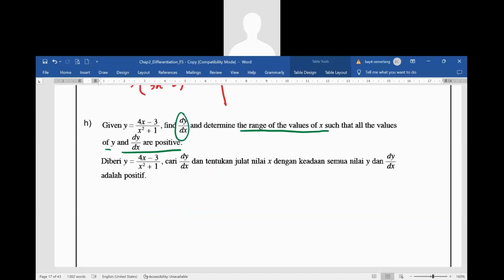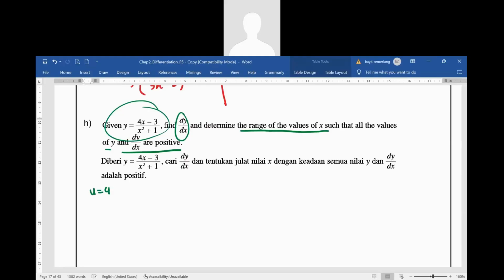The second part you will read later. We find out the dy/dx. Ashmita, how to differentiate this function? Quotient rule, sir. Yes, why do you use the quotient rule? Because it's division, and one function is divided by another function. We use the quotient rule.